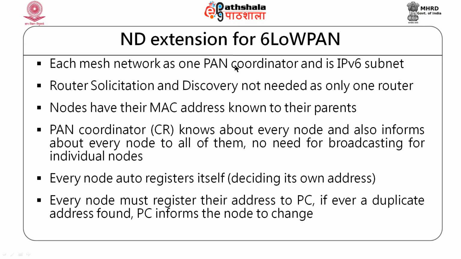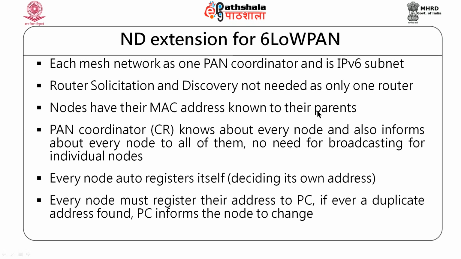Each mesh network has one PAN coordinator and it is basically an IP version 6 subnet. This PAN coordinator, central coordinator or central router is the same item. As I said, router solicitation and discovery are not needed because we have only one router. Nodes have their MAC address known to their parents, they will tell their parents.